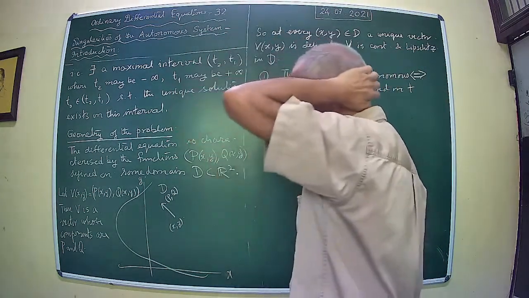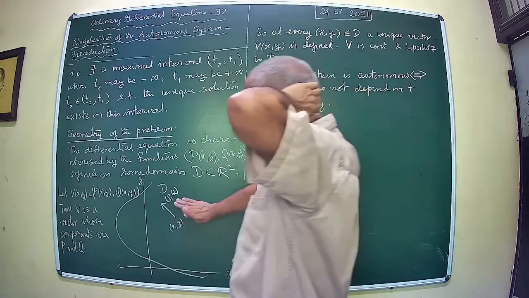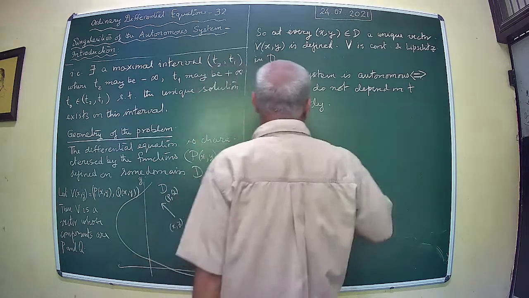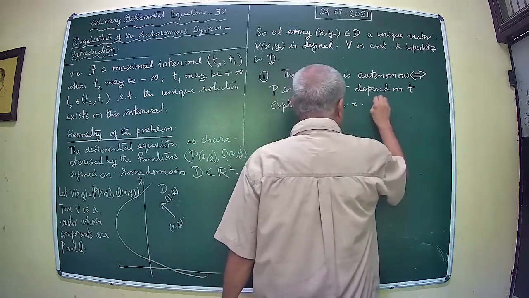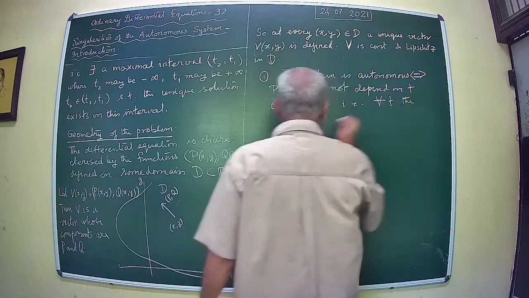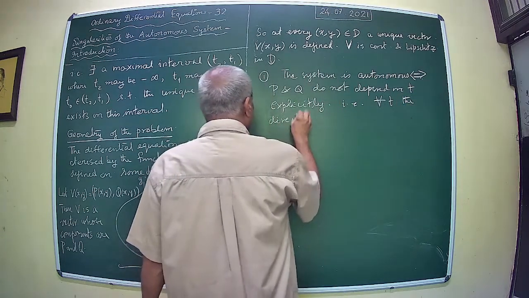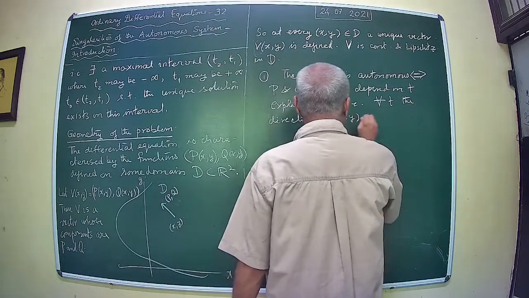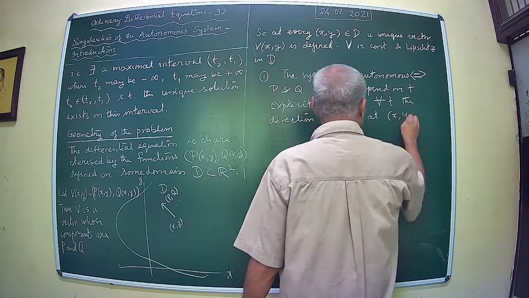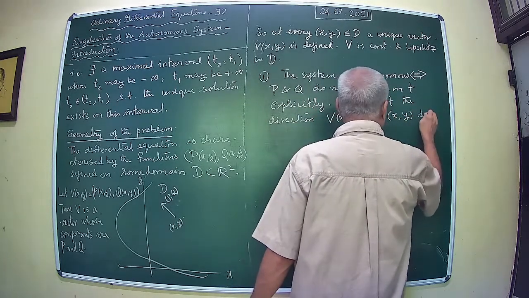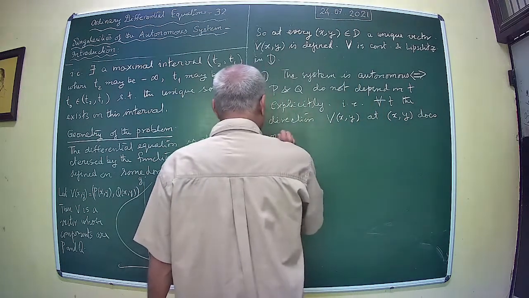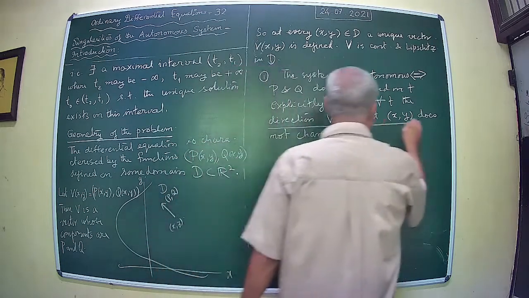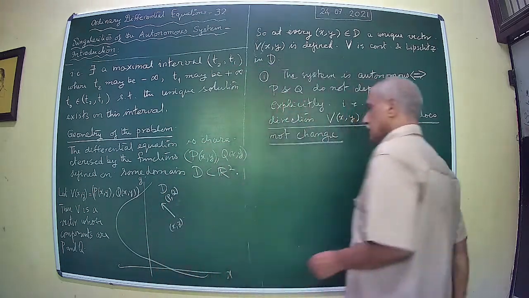Which means that for all time the direction (P,Q) at (x,y) is the same. That is, for every t, the direction V is the same. Now this is the important part. That is what we mean by an autonomous system.